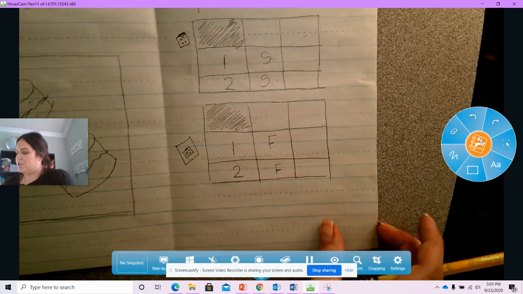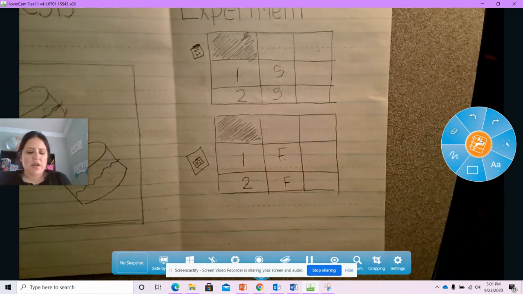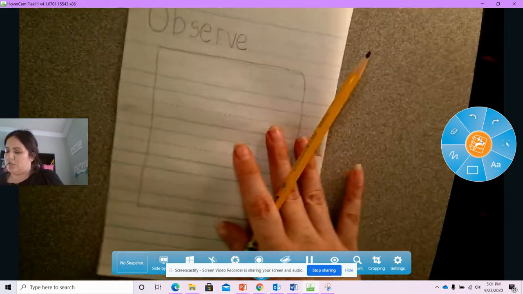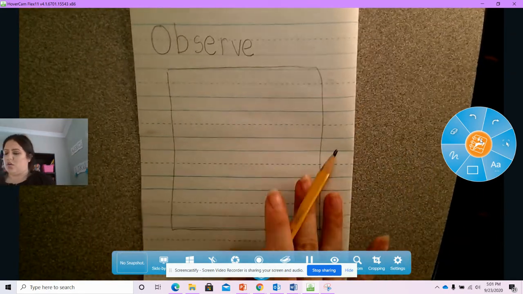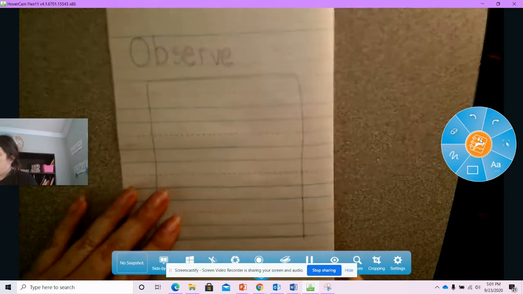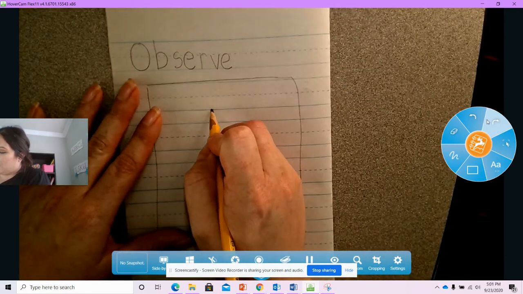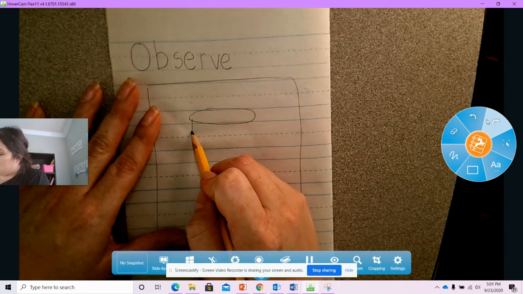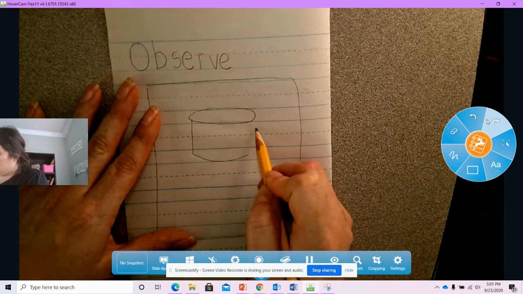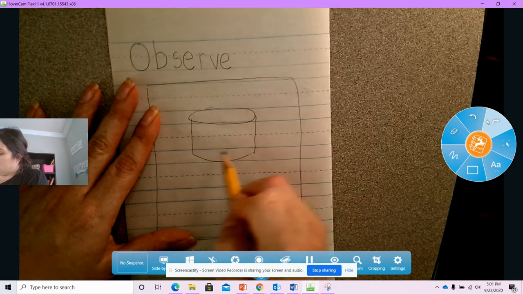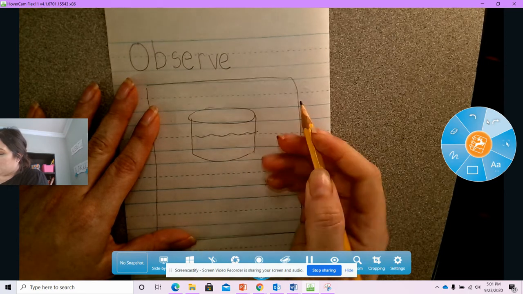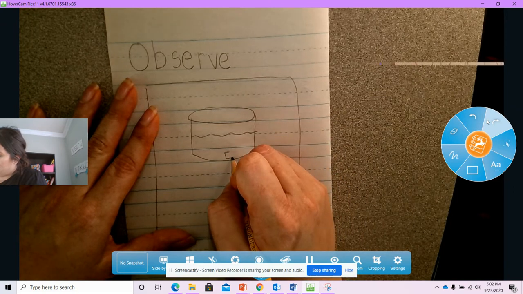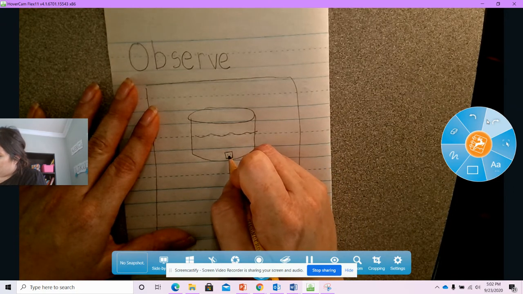That's so strange. So now our next part is going to be our observe. So on the last page, you're going to draw exactly what happened. So for me, I'm going to draw my big container of water. This is what my container of water looked like. Okay, when I dropped the dice by itself, it sank all the way to the bottom.